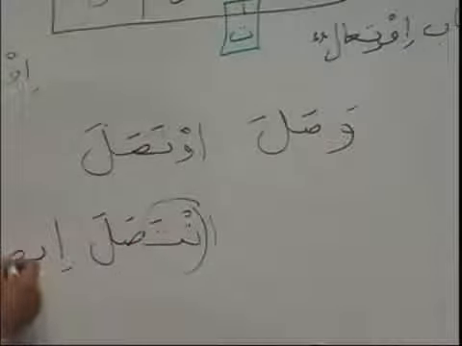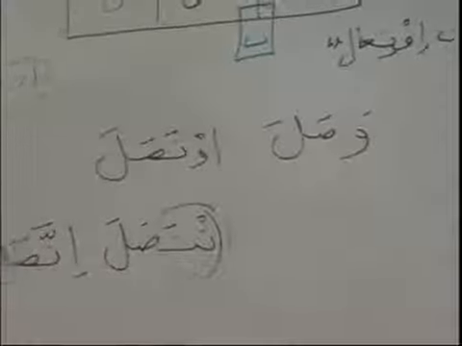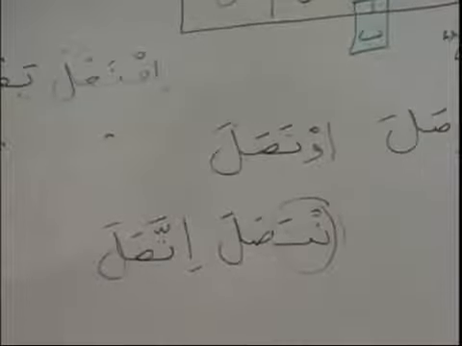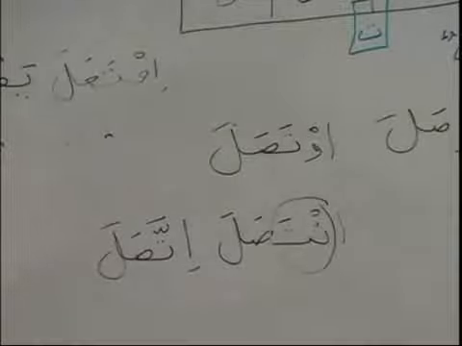You will give idgham and you will write down ittasala. Whenever you see this kind of a verb with shadda and with hamza in front, it will click in your mind. Maybe it is form 8. It's very easy, brothers and sisters. And it is very fascinating. And it's a joy to go through these things and figure out.